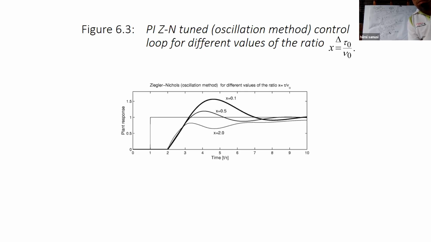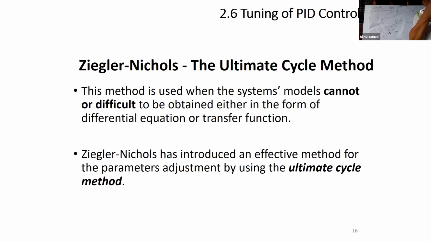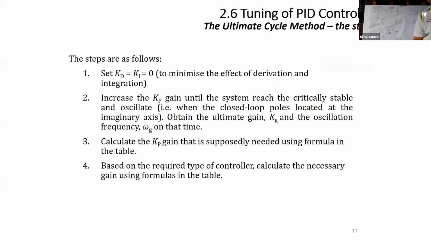We don't need a transfer function. We look at the transient response. Ziegler-Nichols introduced an effective method for parameter adjustment using the ultimate cycle method. We give a step response of an open loop and see the reaction.